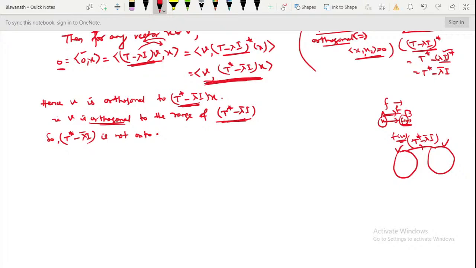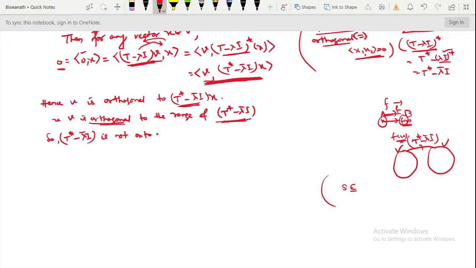So there is a concept of S perp. Suppose S is a subset of V, and S perp means the, so we already know this thing.